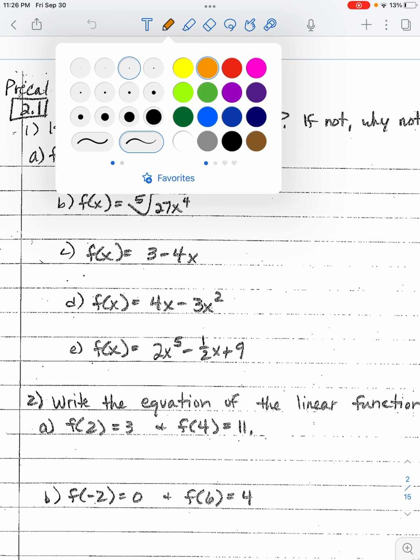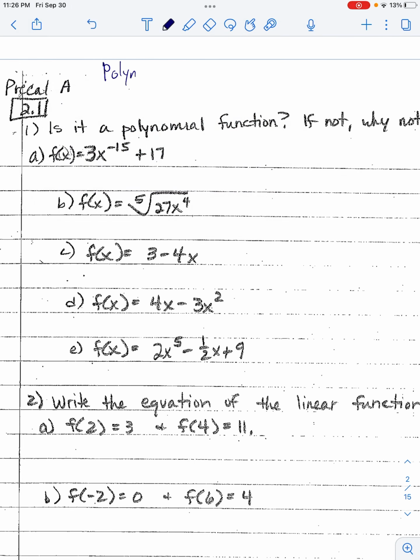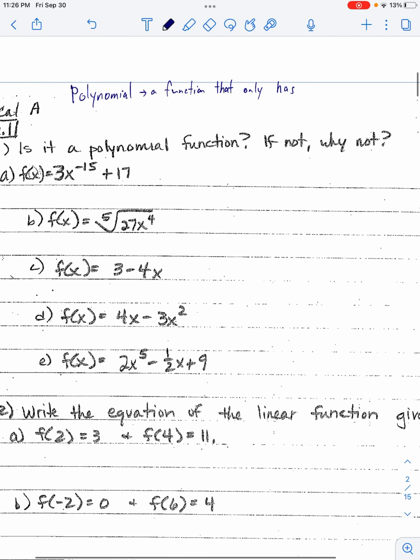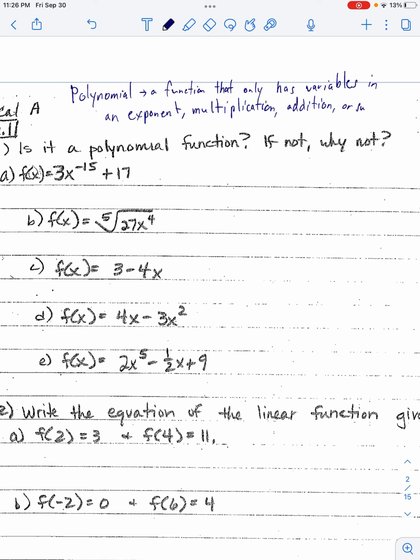A polynomial function is going to be a function that only has, let me think about the best way to say this, a function that only has variables in an exponent, a multiplication, addition, or subtraction, okay?